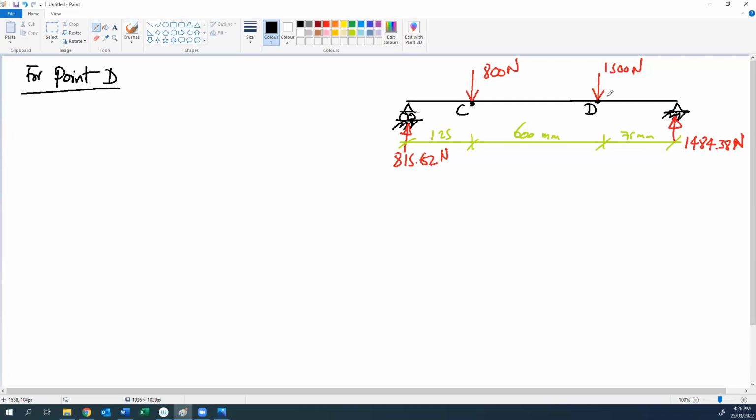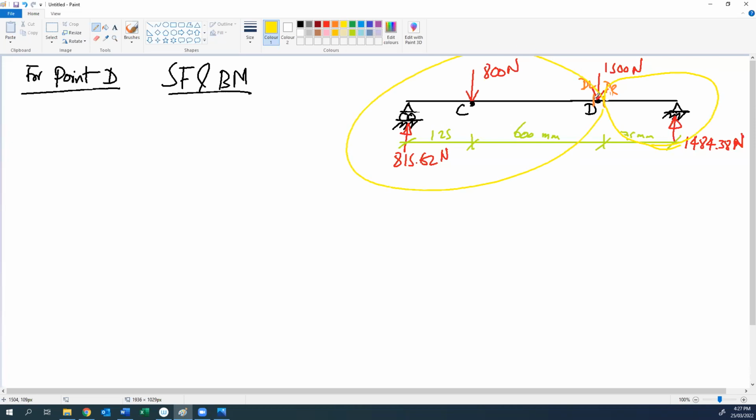If you want to find the shear force and bending moment at point D, we will do two cuts. One cut D left, one cut D right. If we do the cut at D right first, we have these two parts.